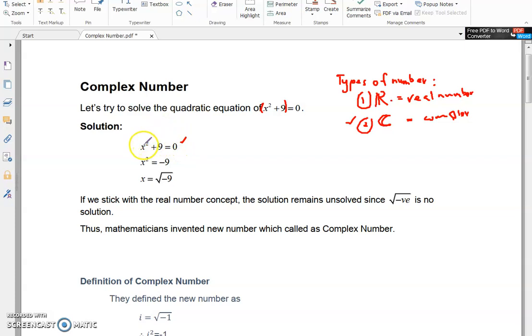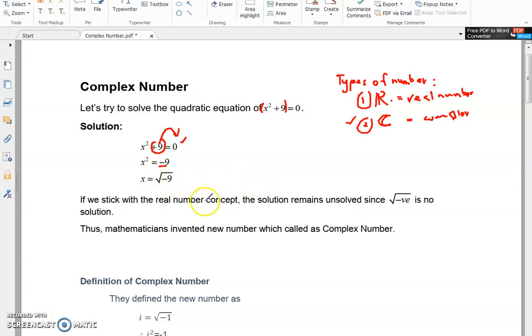To solve for x, we bring the plus 9 to the other side, so it becomes negative 9. Next, we bring the power of 2 to the other side, so it becomes a square root. We are supposed to get the square root of negative 9.